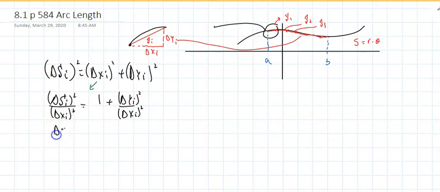And I could say delta s sub i over delta x sub i, squared, equals 1 plus the quantity delta y sub i over delta x sub i, squared.